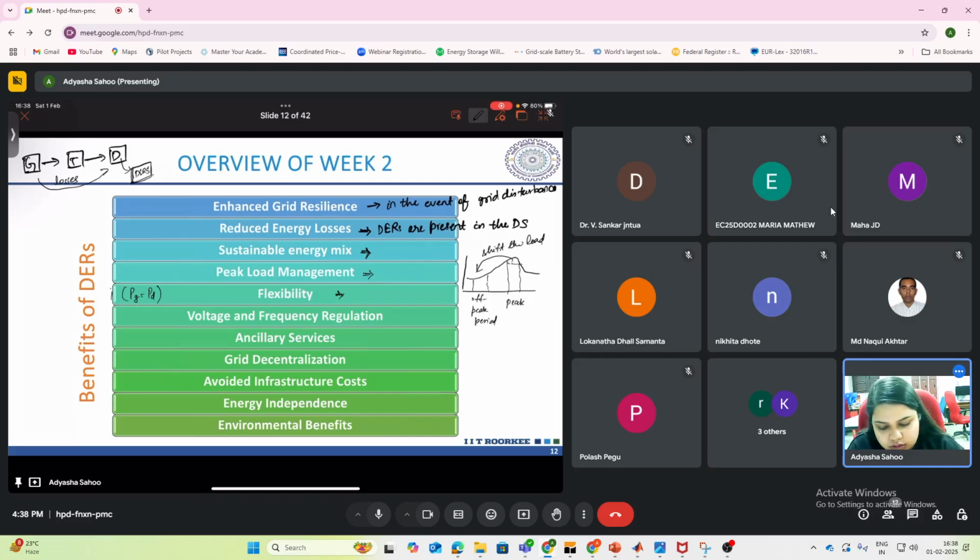The first one is this matching of generation with load. Those services which help in matching the generation with load are known as balancing services.